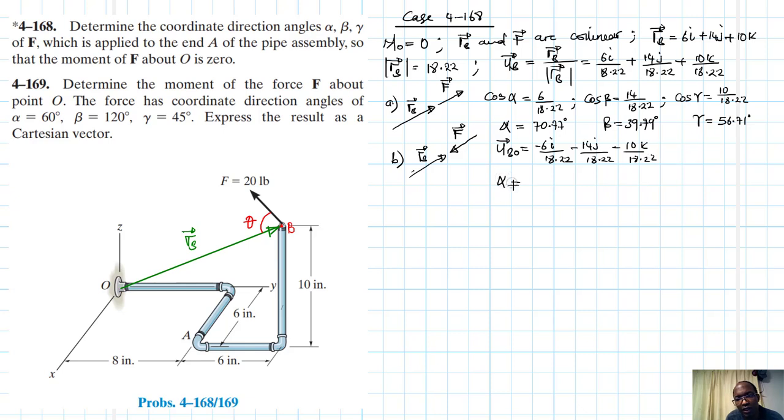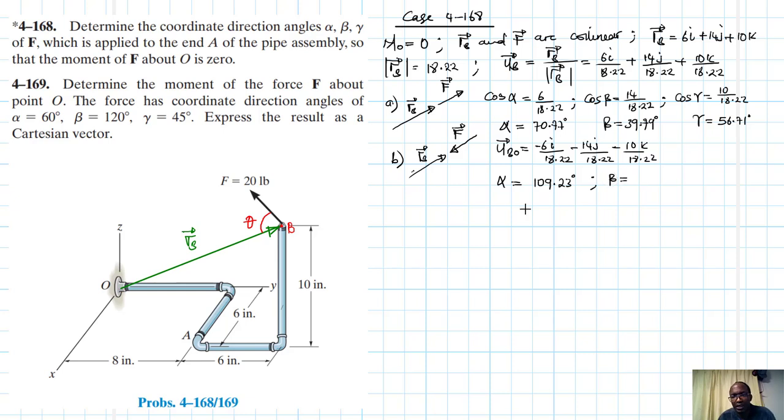And then alpha here will just be equal to cos inverse of minus 6 divided by 18.22, and like I said, we just get 109.23.